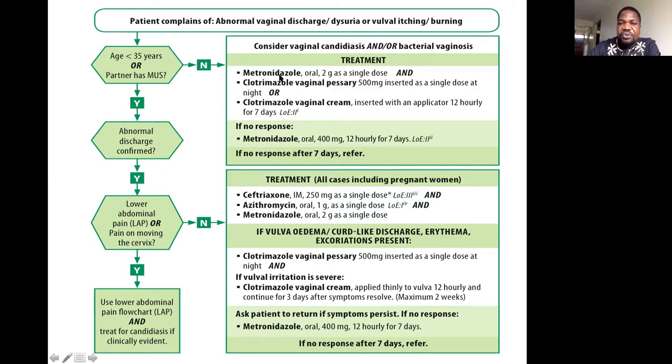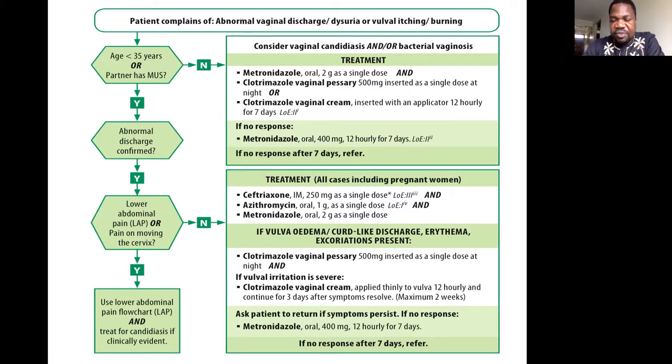Then you add a clotrimazole vaginal pessary, 500 milligrams, inserted into the vagina. That covers candida infection. Or you can use clotrimazole vaginal cream. Alternatively, if there is no response, you can use oral metronidazole 400 milligrams 12 hourly, so 400 milligrams twice a day for 7 days.